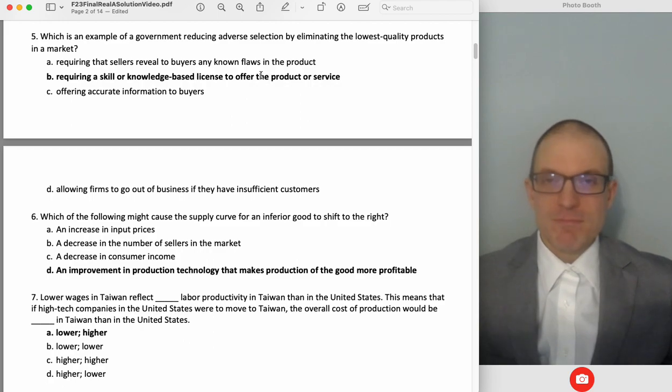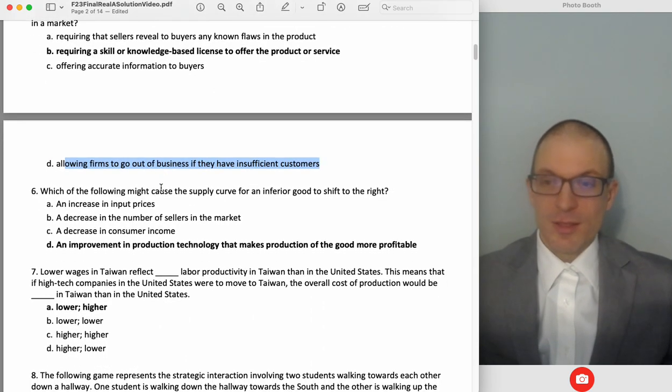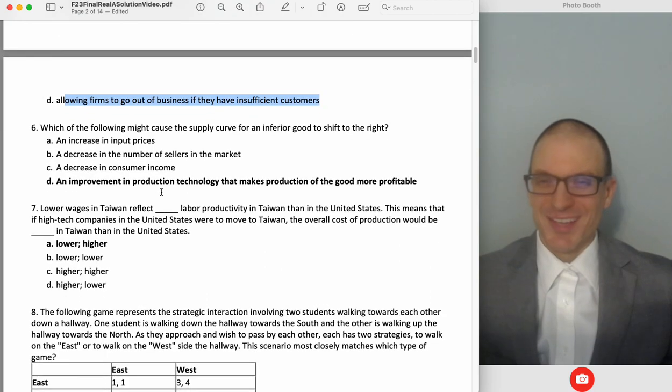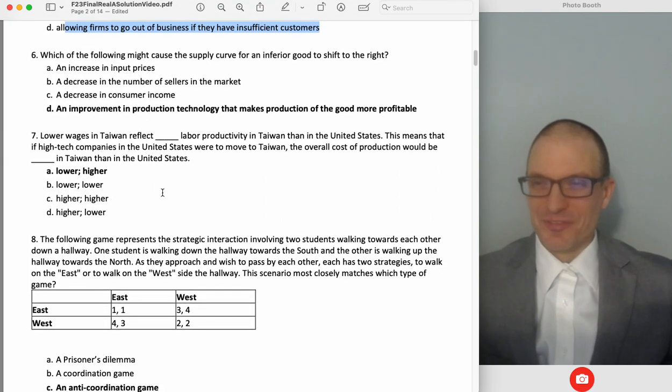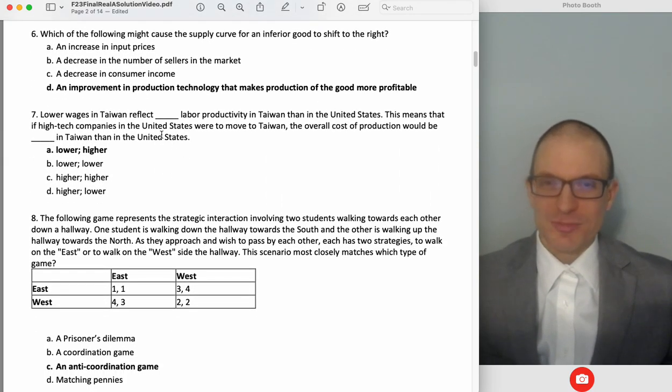They meet some minimum quality threshold so that you know that they're probably going to get the job done, probably get it done correctly. Offer accurate information to buyers. This is again just like A. And then allowing firms to go out of business if they have insufficient customers. I mean, that doesn't really have anything to do with adverse selection, but government should definitely let firms go out of business if they don't have enough customers.